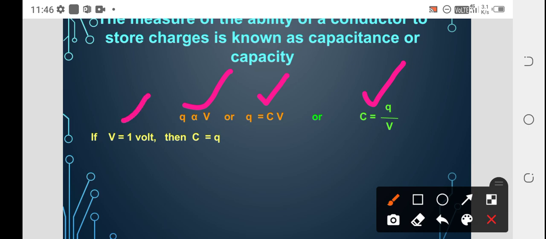If V is 1, C will be Q. This is the mathematical expression of the capacity.